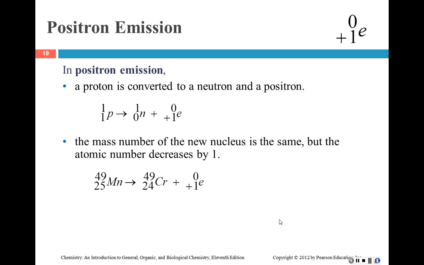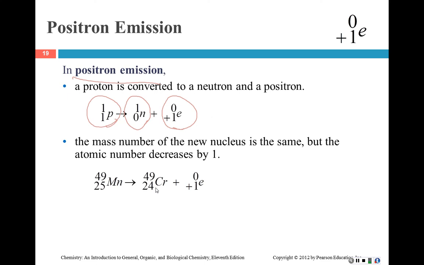Basically what happens when you emit in a positron format is you take a proton, which is hydrogen, and it becomes a neutron and a positron. The positron plus the neutron is what's left after you get rid of energy from this proton.